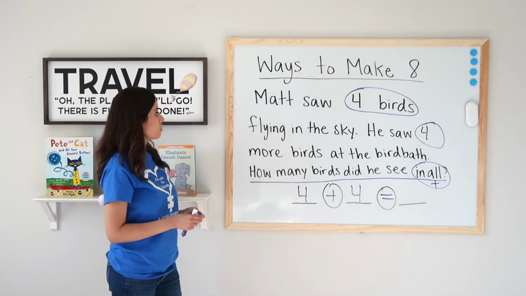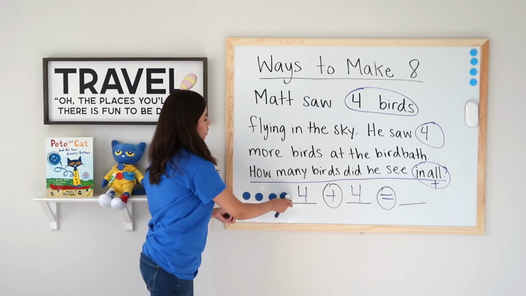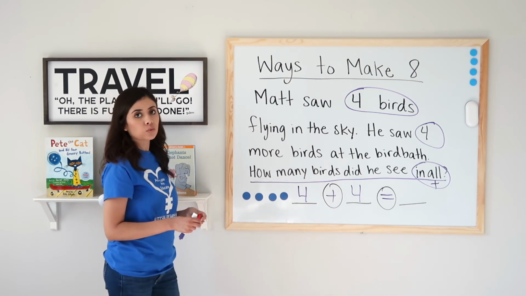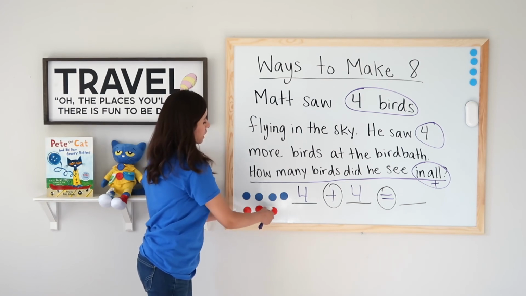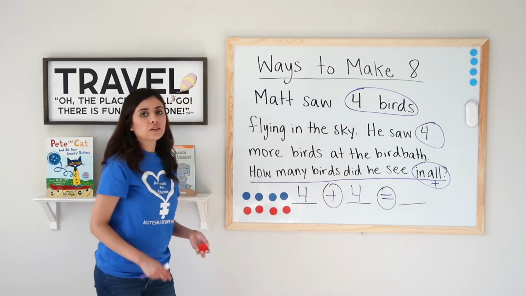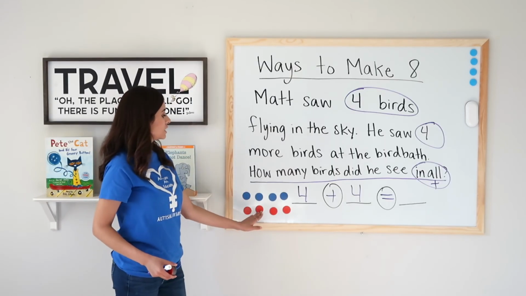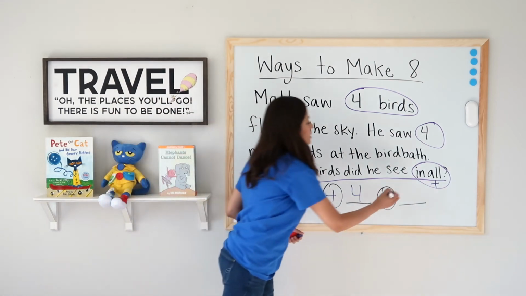So I have 4 birds. 1, 2, 3, 4. And I have 4 at the bird bath. So these will be the red ones. 1, 2, 3, 4. Now let's add up. Ready? 4, 5, 6, 7, 8. 4 plus 4 is 8.